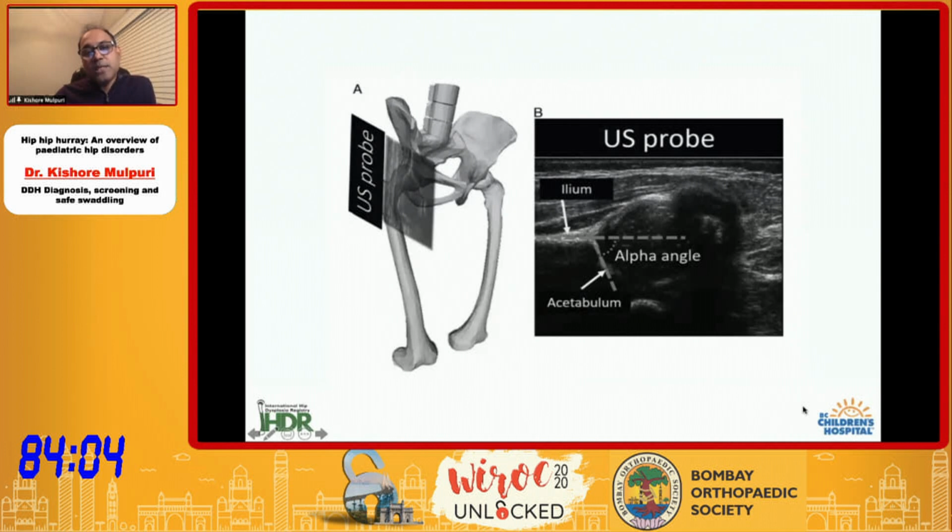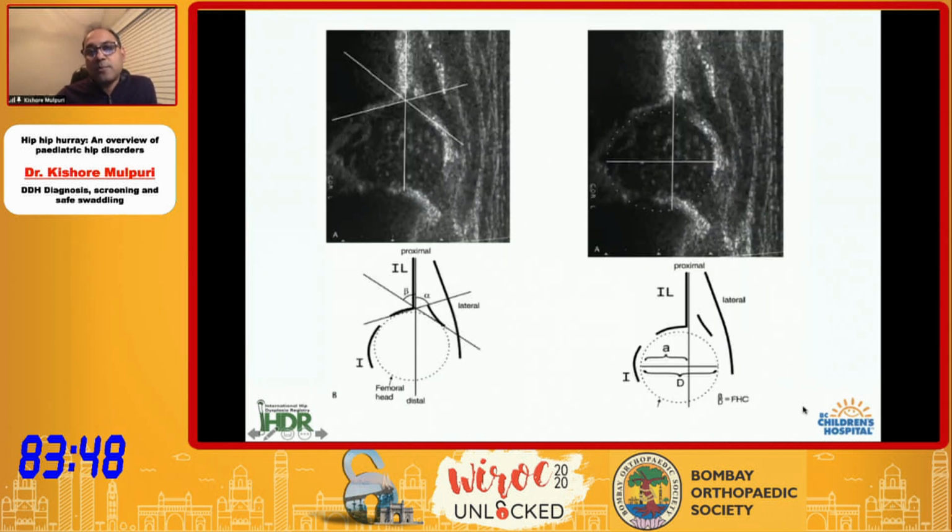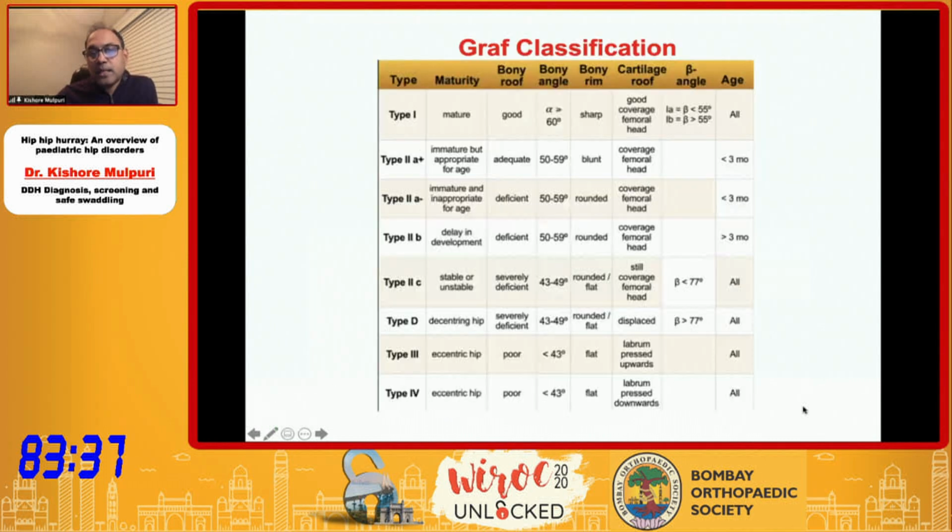And now coming to ultrasound, ultrasound was really popularized by Graf from Austria, and then subsequently adopted by many other people around the world. You can either do a static exam or you can do a dynamic exam. The most popular one is what's described by Graf, where you look at percentage femoral head coverage, you look at the alpha angle, you look at the beta angle, and then you see what the dysplasia metrics are. And again, I'm not going to spend time describing what each one of these is.